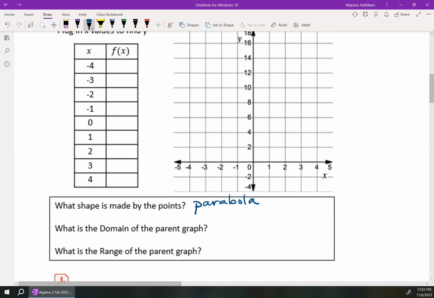And it's been a little bit since we've done domain and range. I can tell you that whether it's domain or range, we always want to describe the equation or the graph from least to greatest.